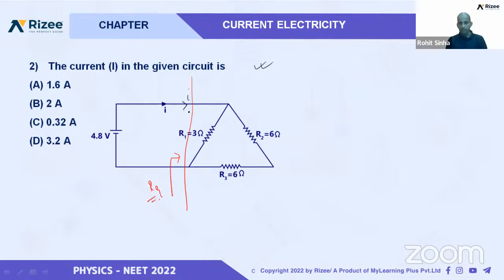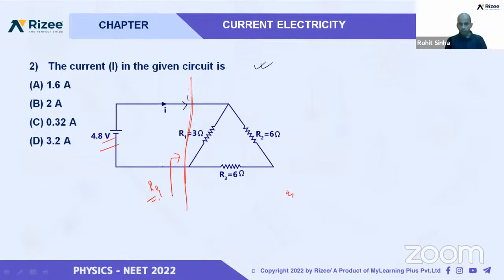The current is what we have to find, and we know the voltage value. If we divide this voltage value by the resistance, we will get the value of the current. So we always take the value of the equivalent resistance and divide the voltage by it.